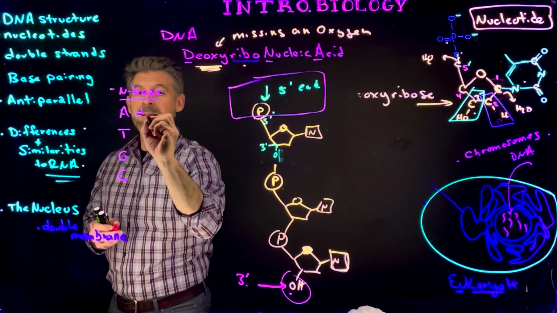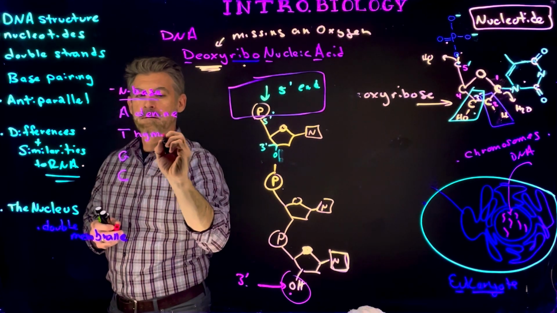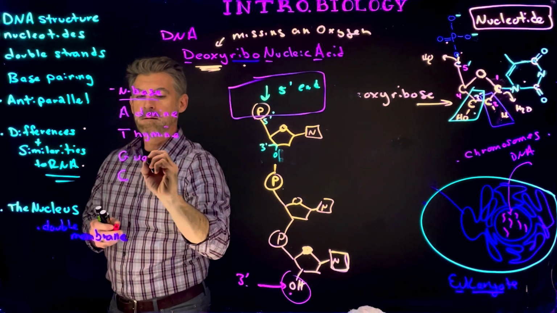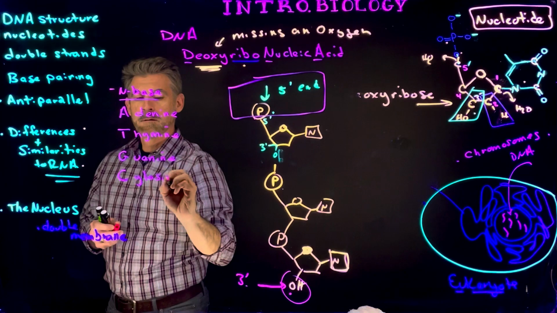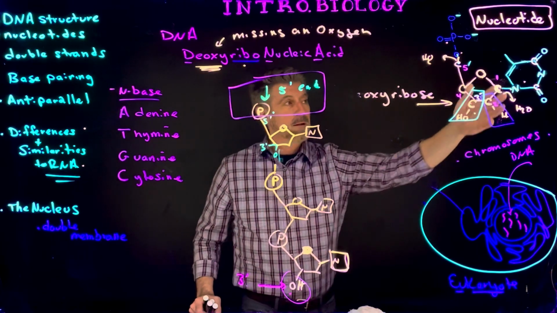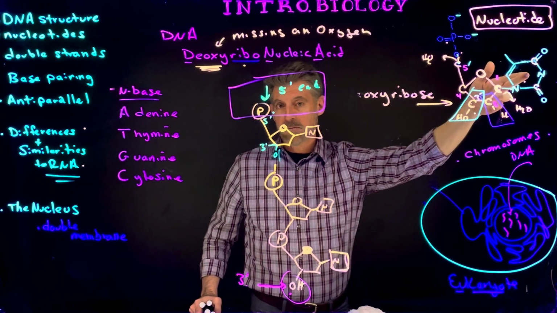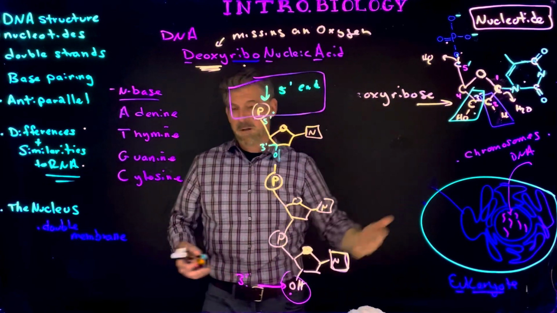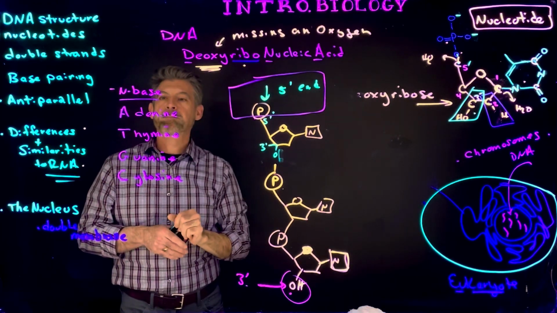The names adenine, thymine, guanine, and cytosine are the actual names of the four different molecules that would be represented by different versions of this structure. So this is just one of those. But they all have some similarities and then differences that make them unique.